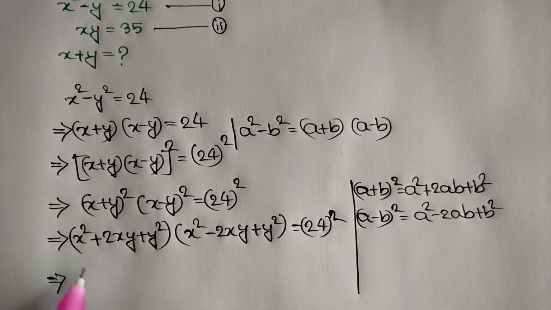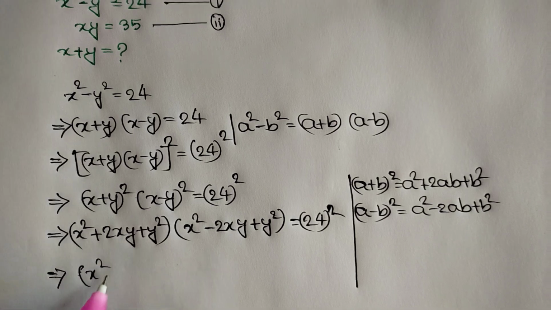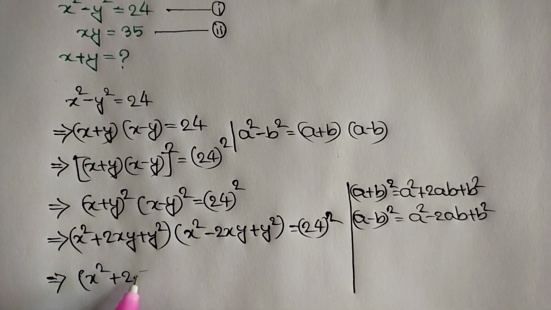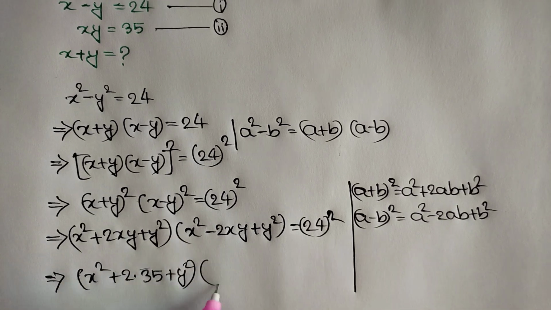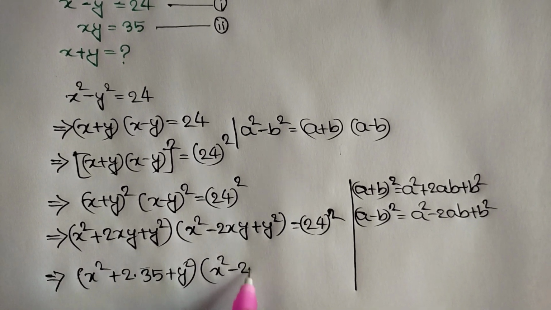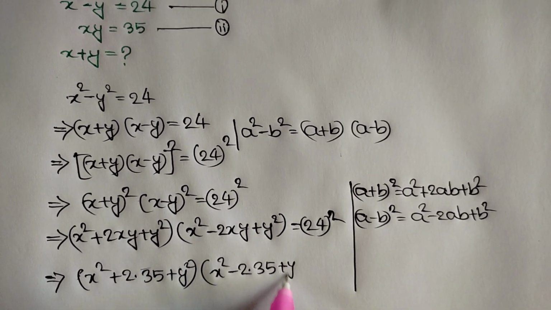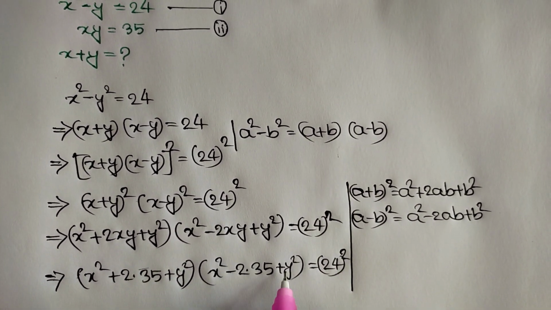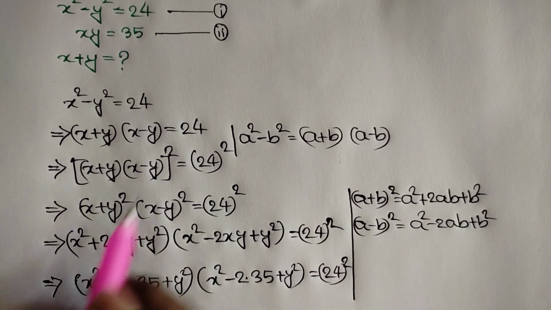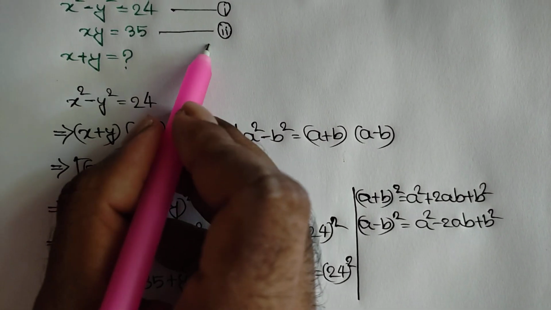Or we can write x square plus 2 times 35 plus y square times x square minus 2 times 35 plus y square is equal to 24 square, because xy is equal to 35 from equation number 2.